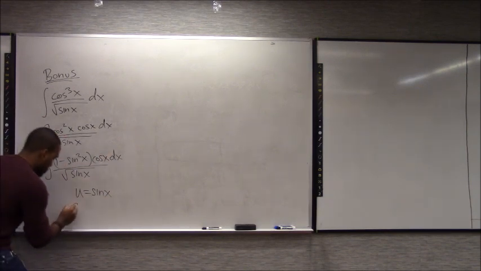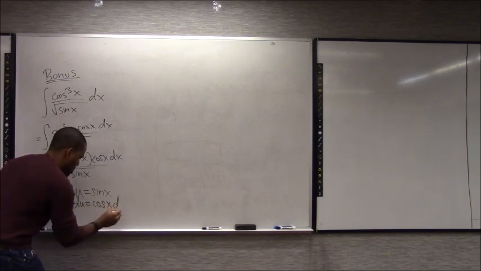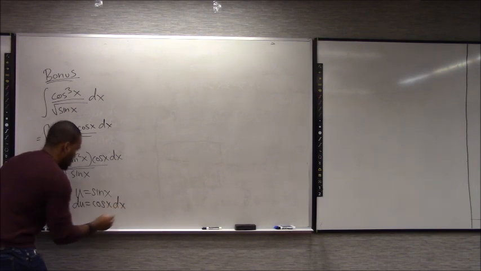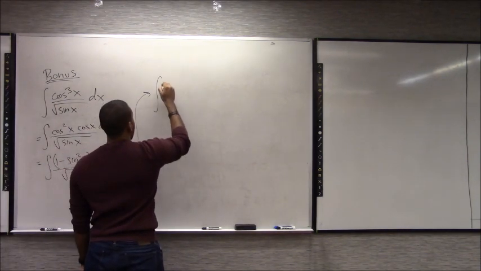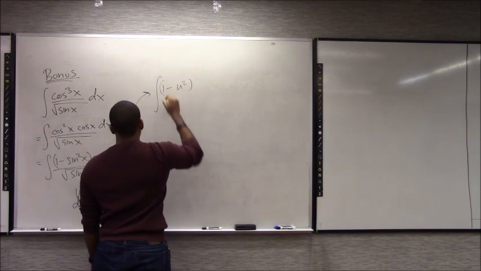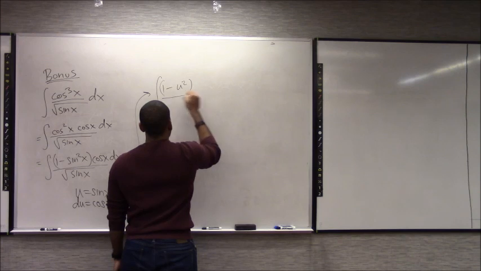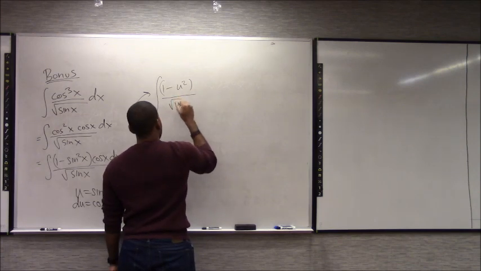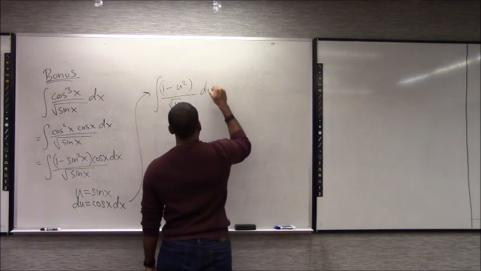Then it becomes cosine squared x divided by root u. So this would be 1 minus u squared, because u is sine of x, over the radical of u. And cosine of x dx, well, that's just your du.